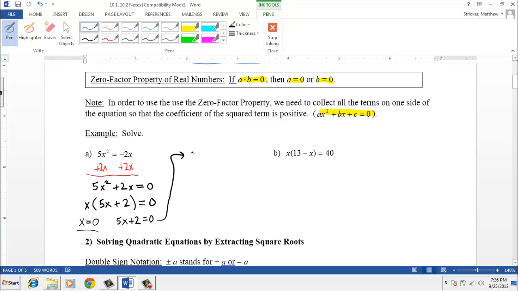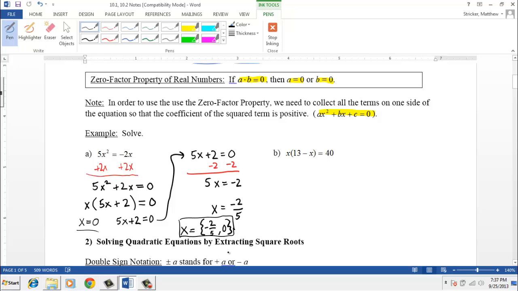So if I have 5x plus 2 equals 0, then after subtracting 2 from both sides, we'll have 5x equals negative 2, which means x equals negative 2 divided by 5. So we have two answers: x equals negative 2/5 and 0. And that's how we solve a quadratic equation by factoring.